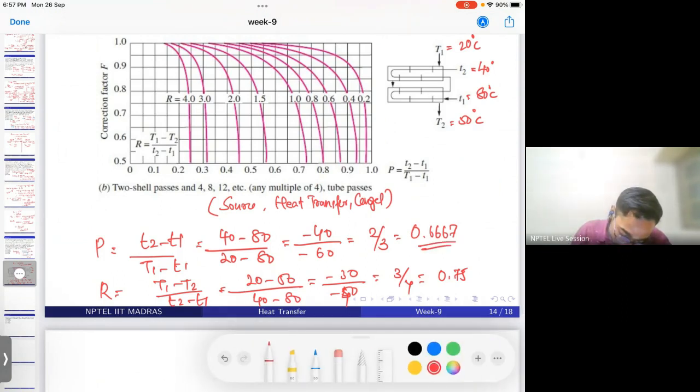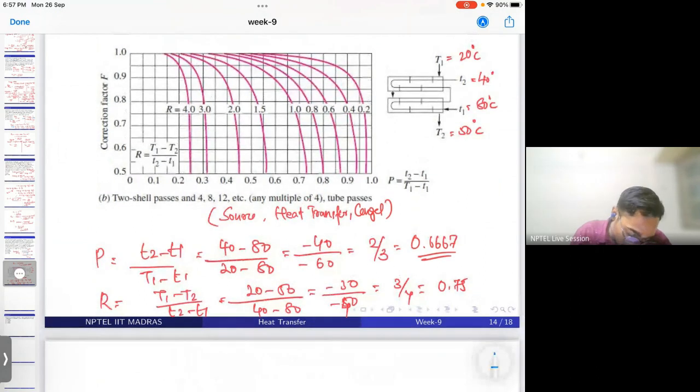So from the P side, it's 0.667, it's 0.65. So somewhere here. And from the R side, we need to find out 0.75.